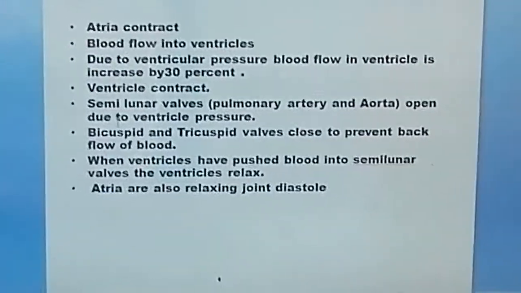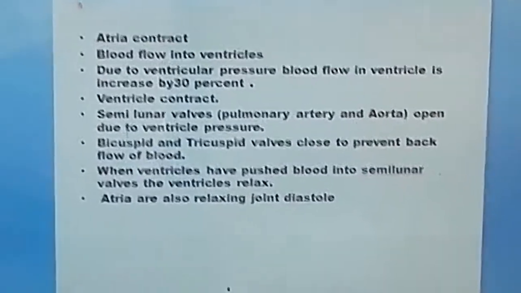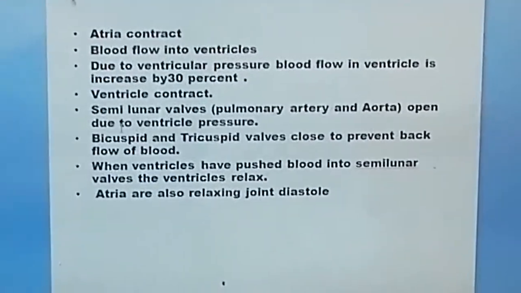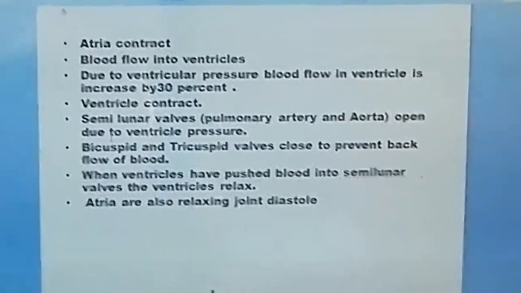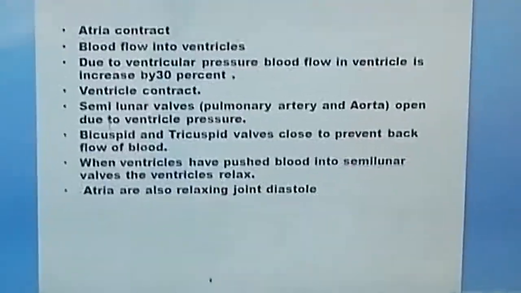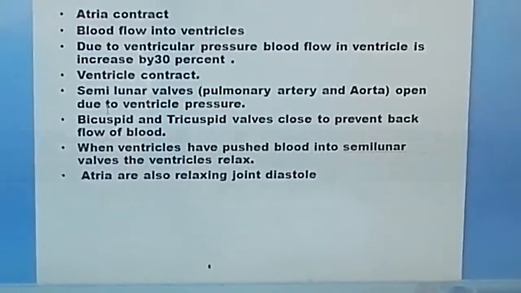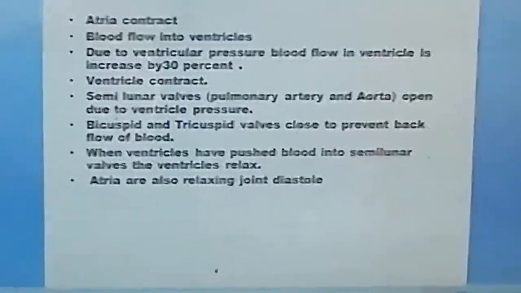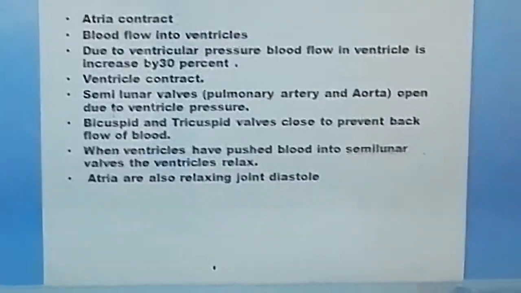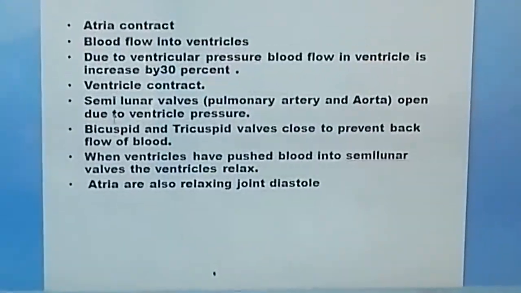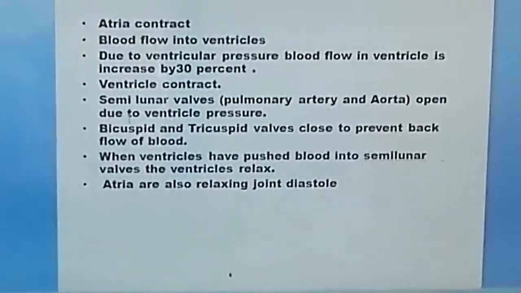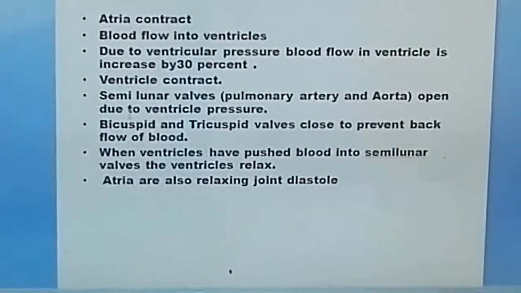When the ventricles have pushed their blood into the pulmonary artery and aorta, they come into a relaxed stage. As the pressure is released, the ventricles relax. And as I told you before, the atria were relaxing. So both the atria and the ventricles are now in the position of joint diastole.